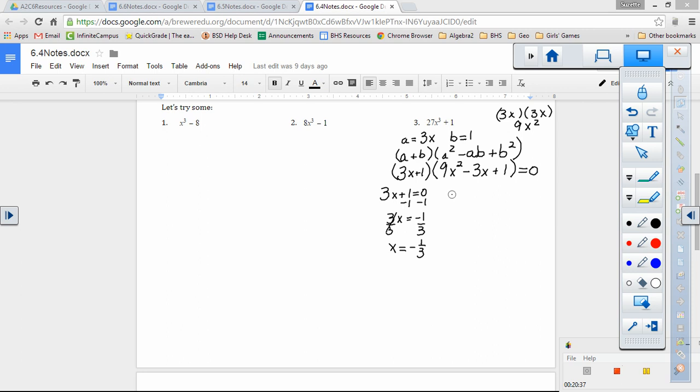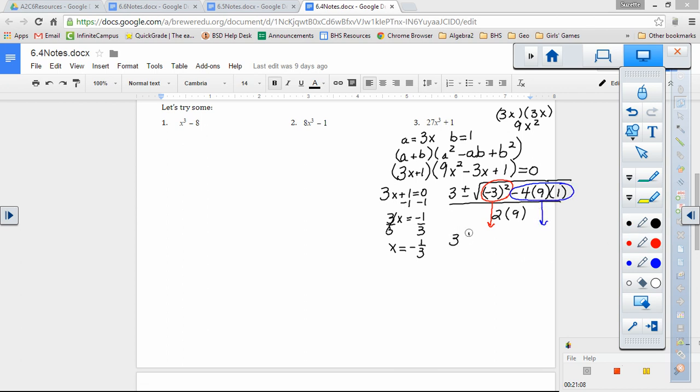So opposite of b, +3, plus or minus the square root of b squared, so -3 squared minus 4 times a times c, all over 2 times a. All right, so again, square the -3 first and drop it, and then do -4 times 9 times 1 and drop it.